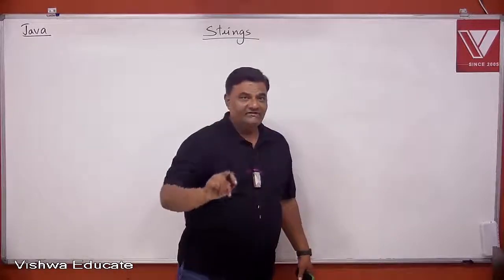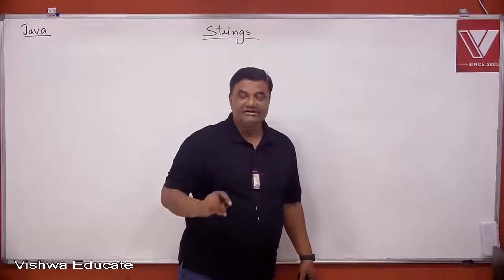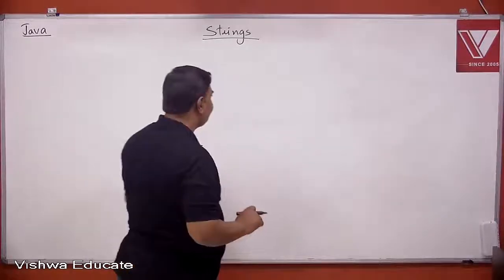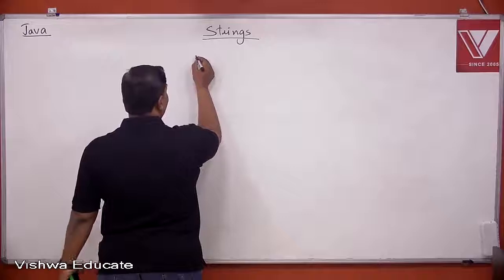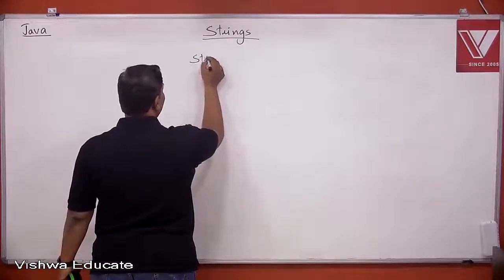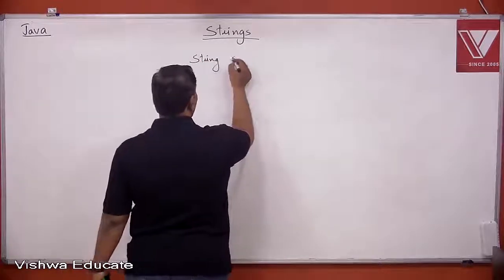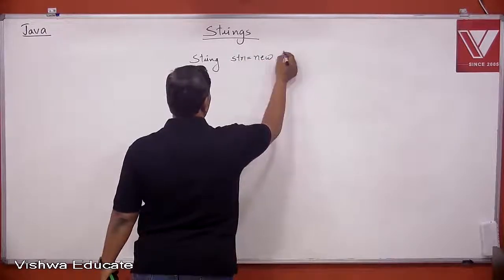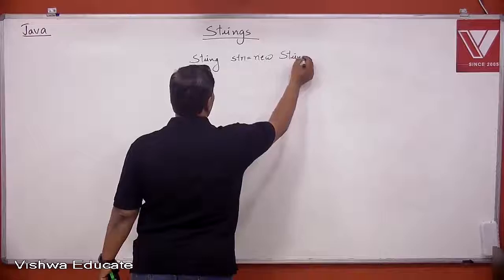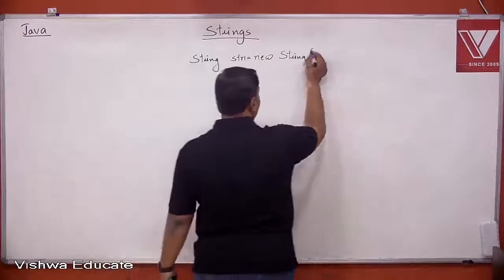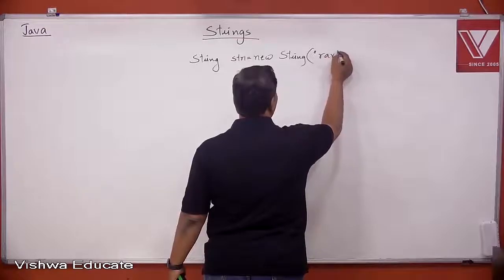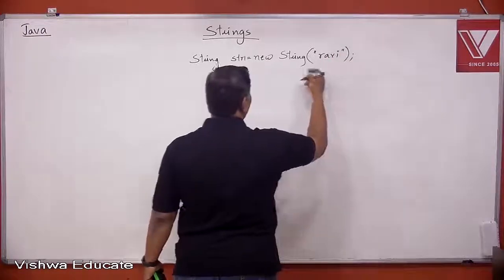So already we have learned how to create a string object. Now let us look at its methods. So first, I will create a string object str1 assign. I will create with new. So string, explicitly I am creating it. I will give the name as, I'm using the same four-letter word here, okay, Ravi.